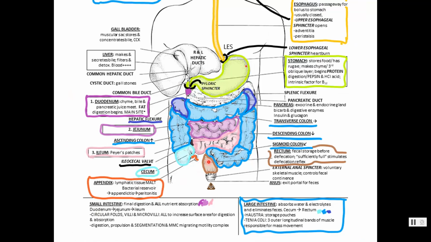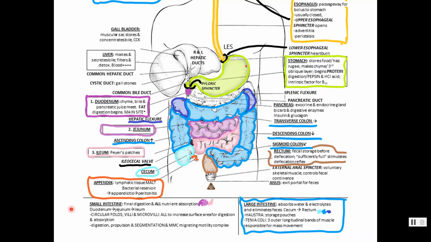Okay, so of course I colored it brown for you. The rectum is the place of fecal storage before defecation. When the walls of the rectum are stretched and sufficiently full, that can stimulate the defecation reflex. Those internal anal sphincters are going to relax. And then we have the external anal sphincters, which are voluntary skeletal muscles that flank the anal canal.